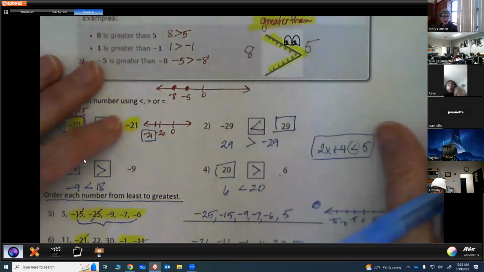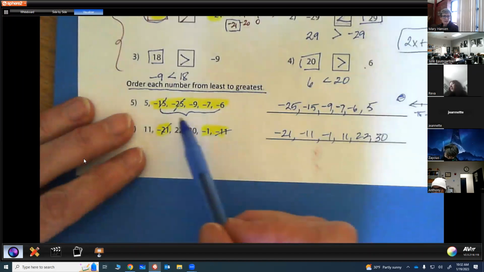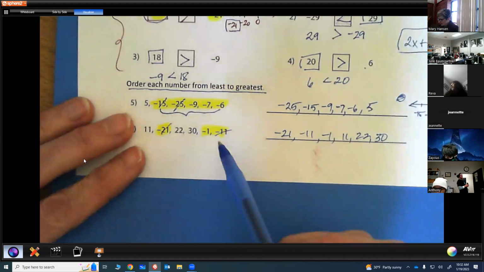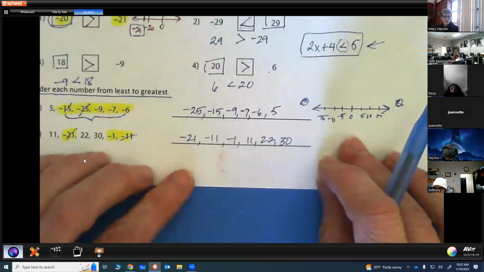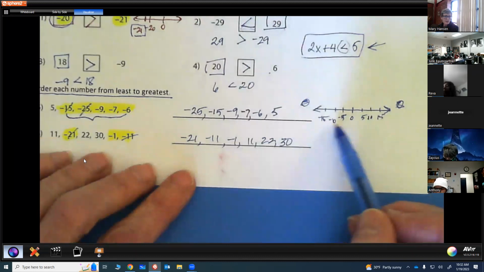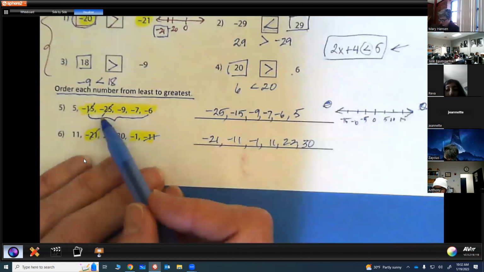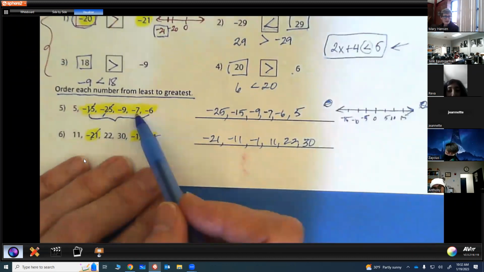And so the second concept we pulled out of this number line idea was ordering numbers from least to greatest. And I suggested that if you're having any trouble at all with ordering the numbers, to jot down a number line, because when I look at all these negative numbers that are in yellow, there was negative 25, negative 15, negative 9, negative 7, negative 6.